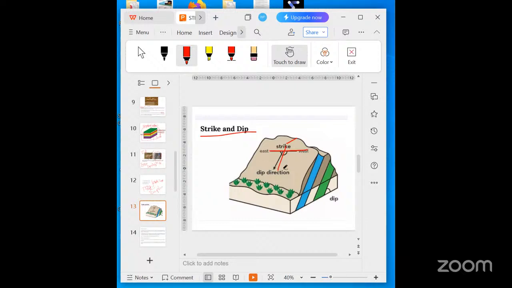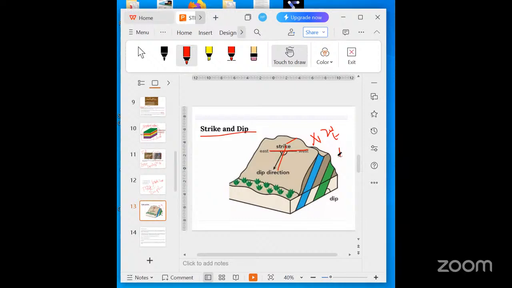On a geological map, the strike line is given by a short straight line segment oriented parallel to the strike line. The strike is given either as a quadrant compass bearing of the strike line, for example north 25 degrees east, in terms of east or west of true north, right?